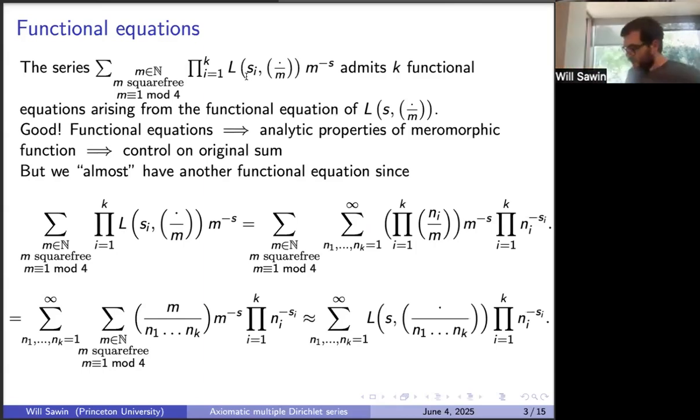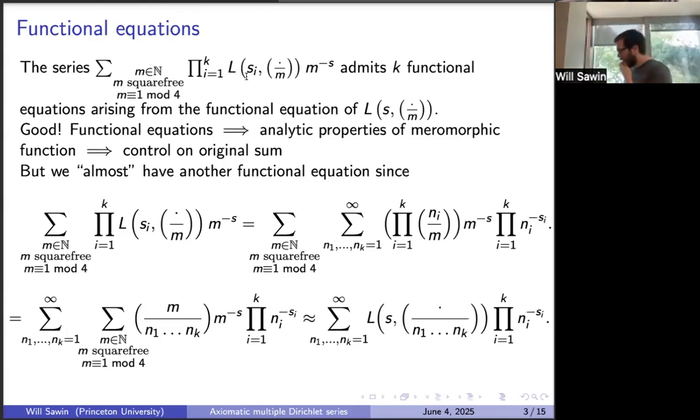This turned out to be very useful for studying this complex analytic function because functional equations, just like in the classical case of L functions, help you prove meromorphic continuation to a broader domain. They help you understand the rate of growth of the function on that broader domain. They basically help you with all the analytic questions that you have to try to eventually understand the sum.